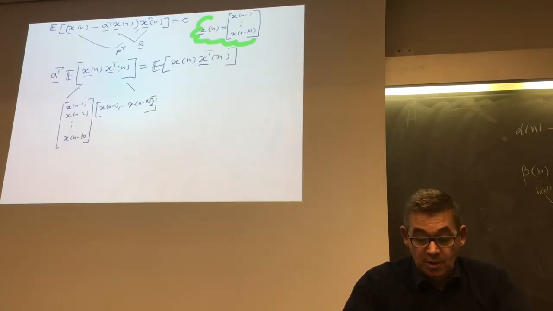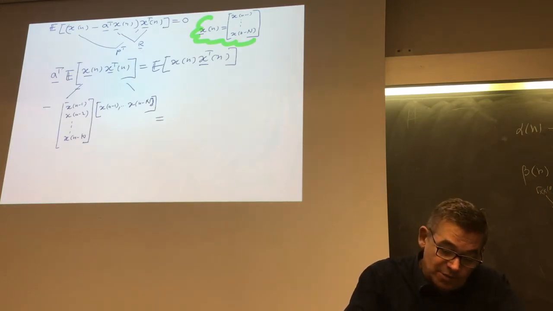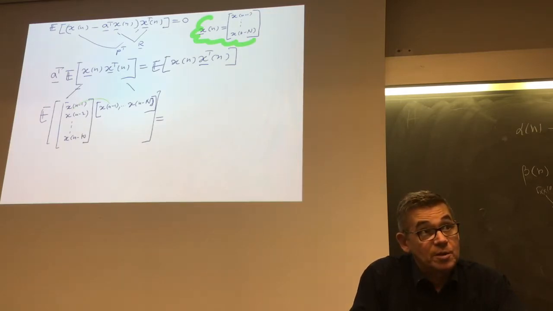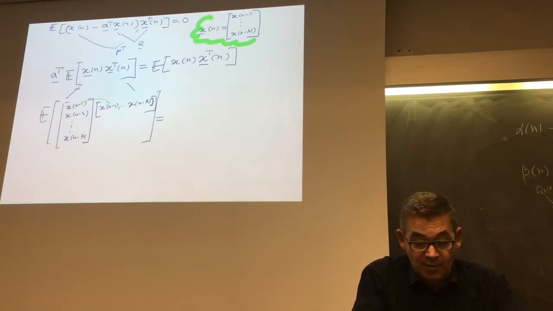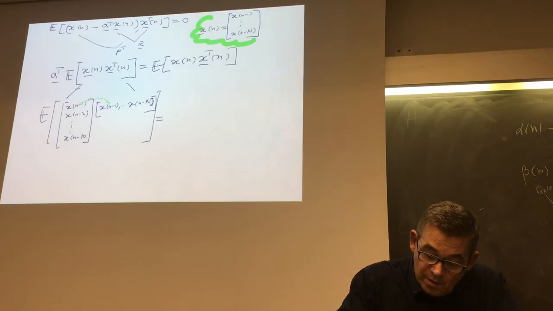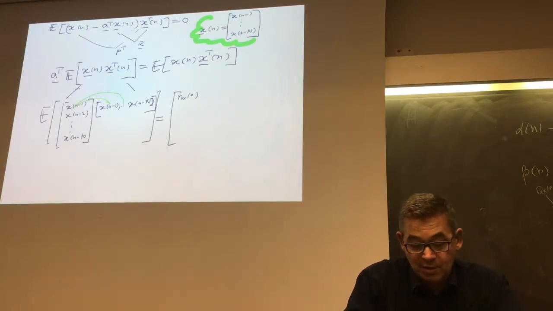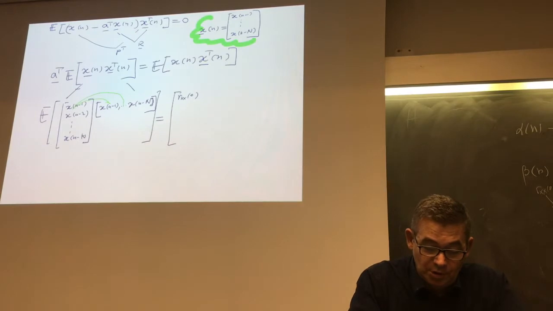But when I take the expectation of that, this is equal to xn multiplied by xn, first position. The expectation of that is the autocorrelation at 0, Rxx0. Then I have xn and, in the second position, xn minus 1, which is the autocorrelation at 1.